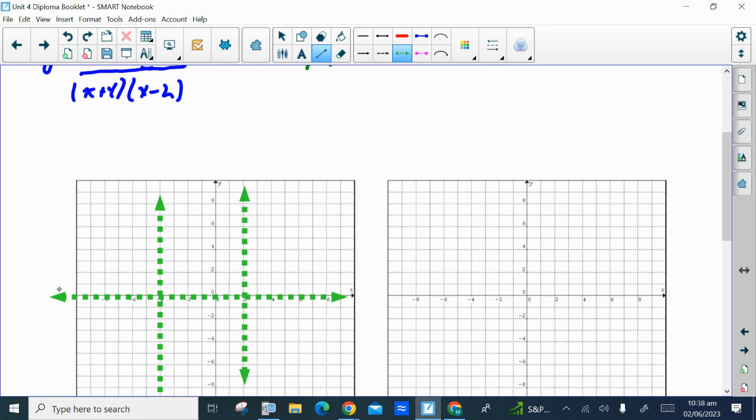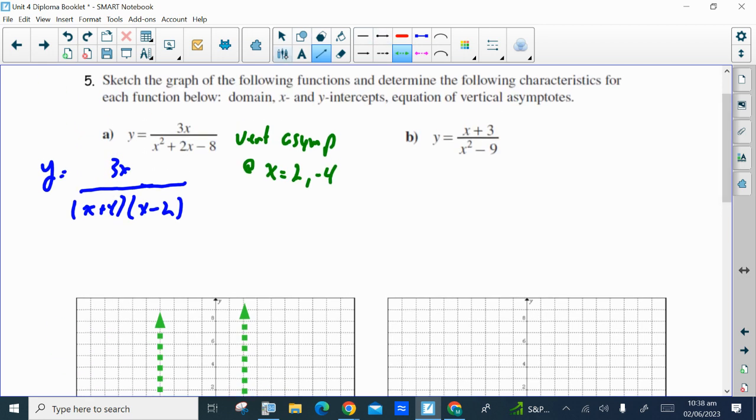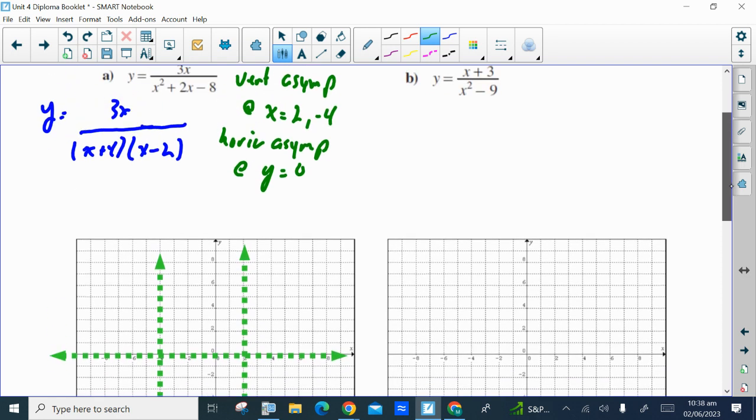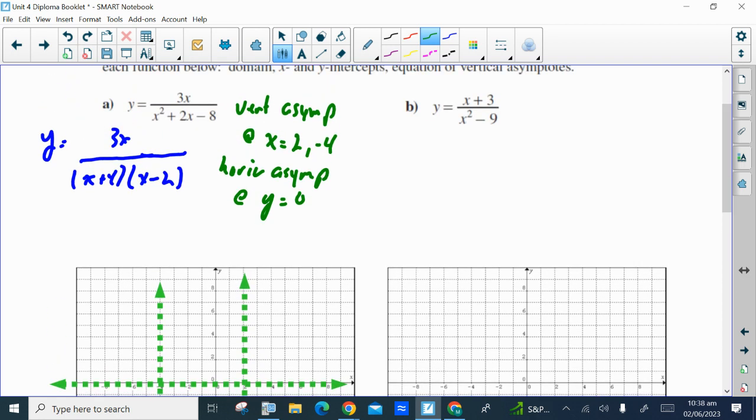So we can make note of that as well. We can say our horizontal asymptote is at y equals 0. We can find our x and y intercepts if they exist.